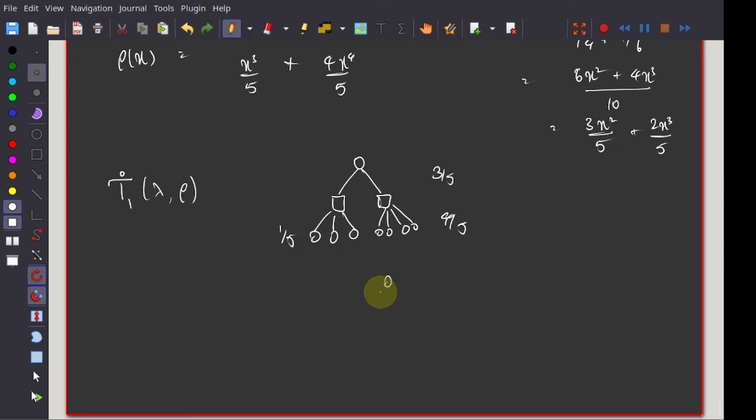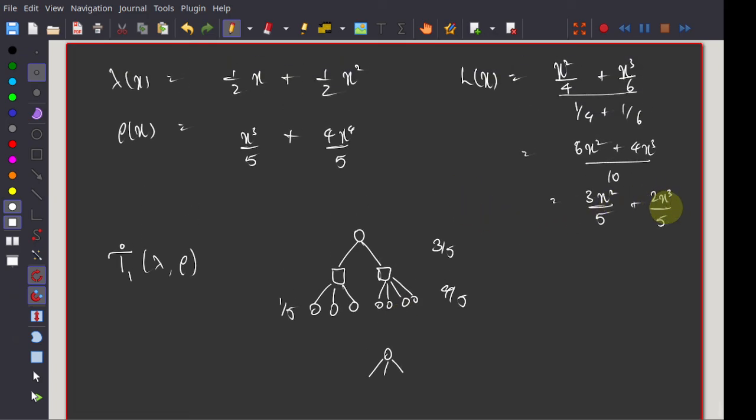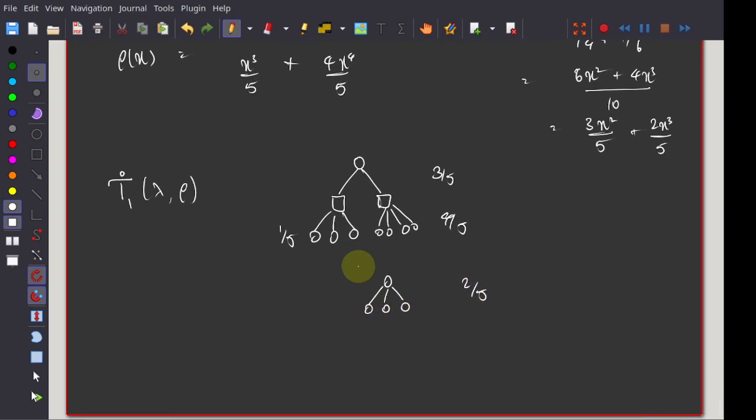Or this could have been a different realization. I pick 3 children with probability 2 by 5.